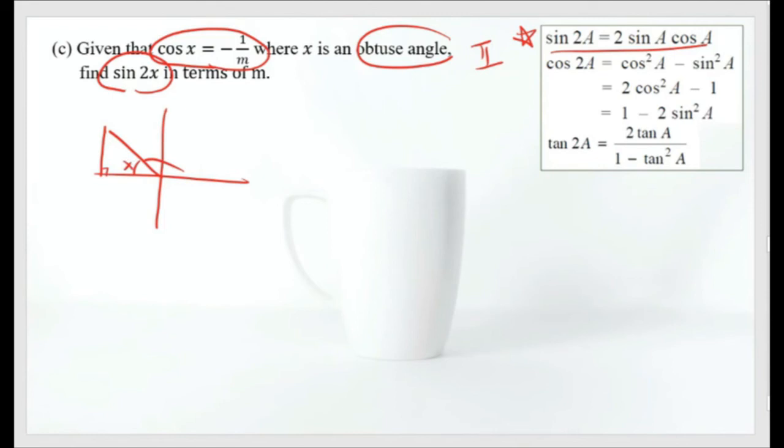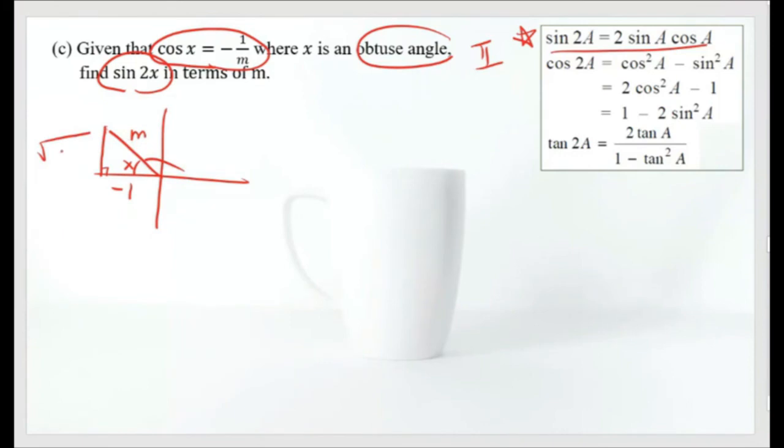Okay, cos is negative 1 over m. Negative 1 over m. The theorem Pythagoras is always positive. This one is positive. And if this is negative, then this one will be positive. Then what is the value here?